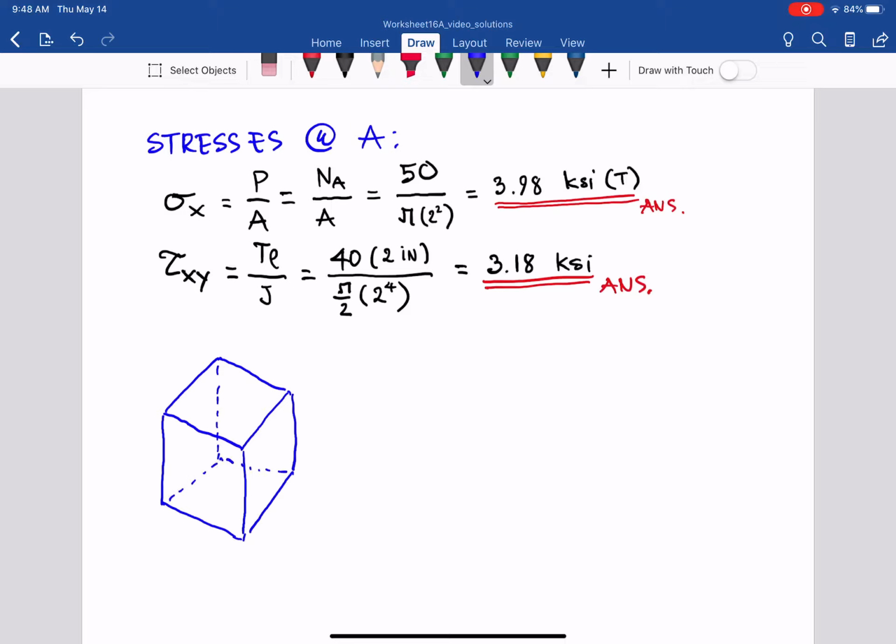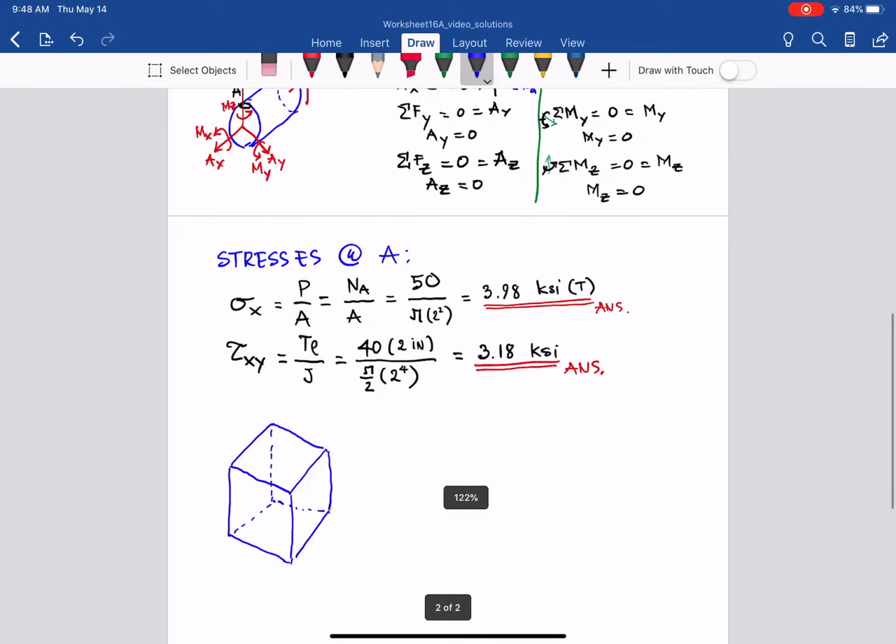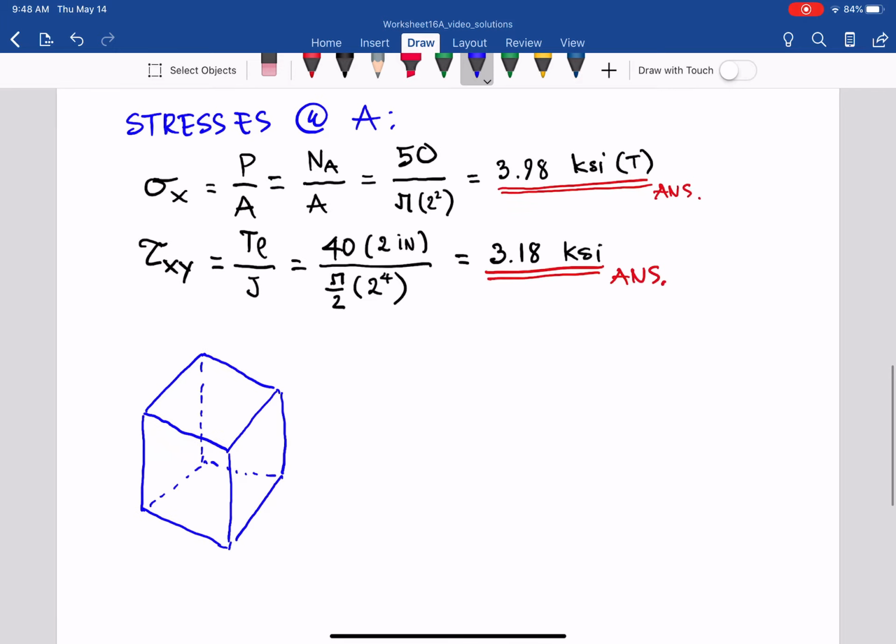Okay, cube, right? And then we have the axes based on the definition XYZ. So you have that will be Y, that will be Z, X, that will be X, and that will be Z.